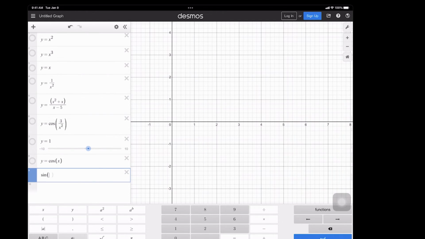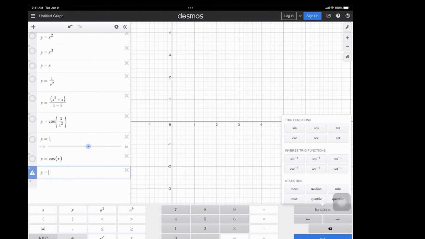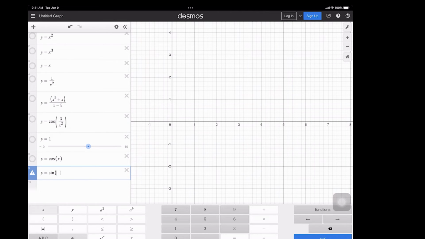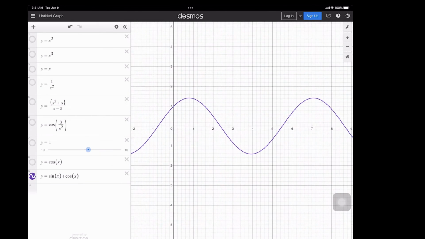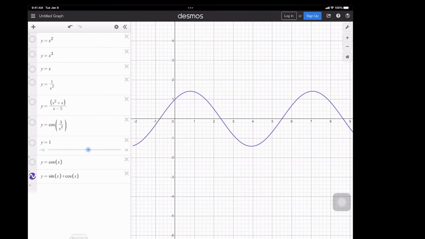They said, what is the graph of sine? We're going to graph this. Y equals sine x plus cosine x. Remember that first example, y is sine plus cosine? That's the curve. You go, boy, that looks like a sine or cosine curve.